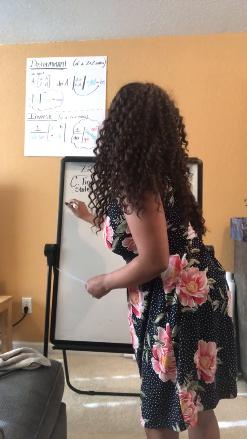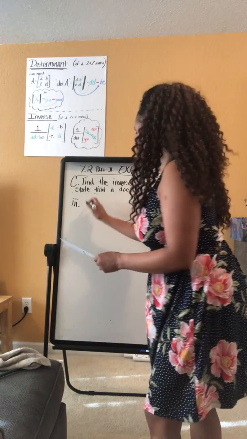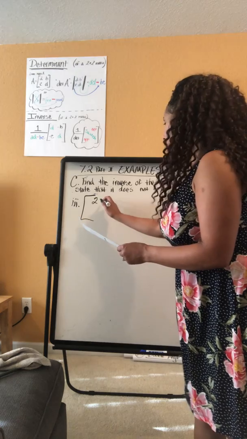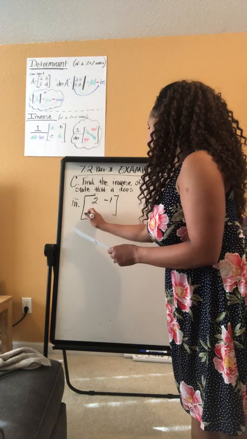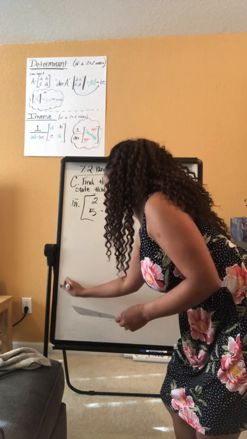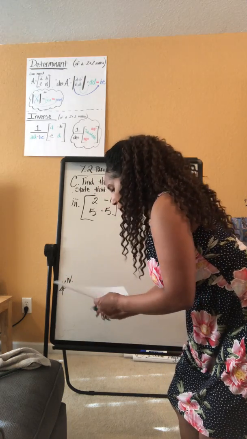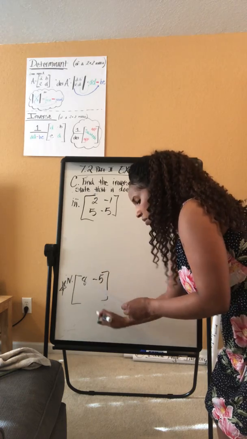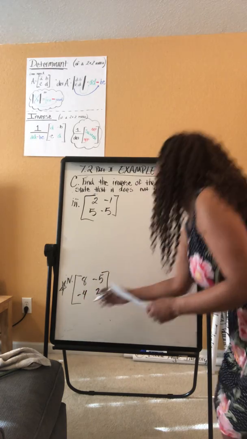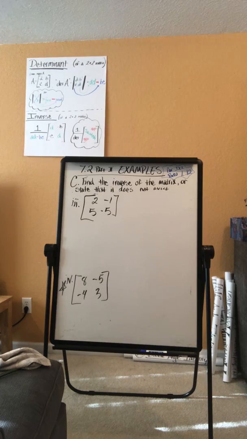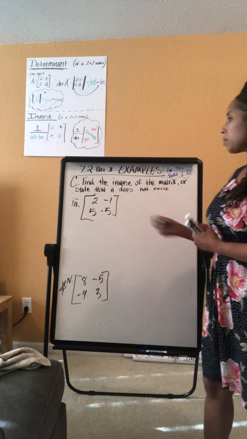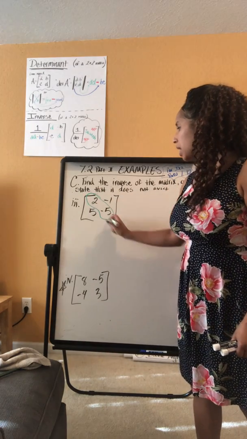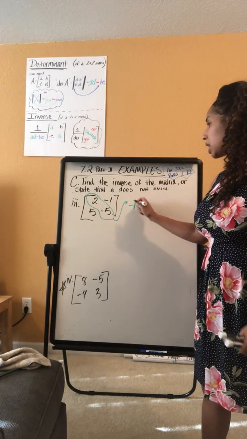Okay, so C3, the matrix is 2, -1, 5, -5, and I will send you guys these notes. The star will be 8, -5, -4, 3. All right, so one more time. First thing I want to do is find the determinant. So I want to multiply my main line. The first diagonal, 2 times -5 gives me -10.